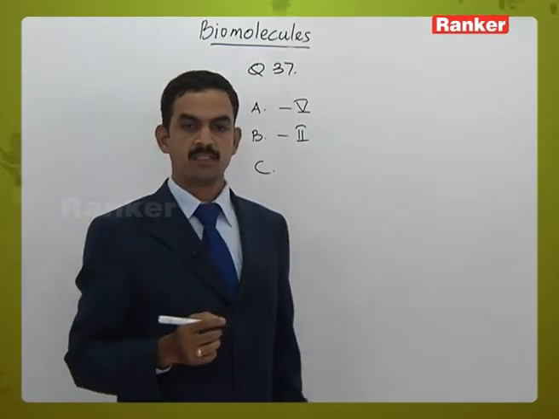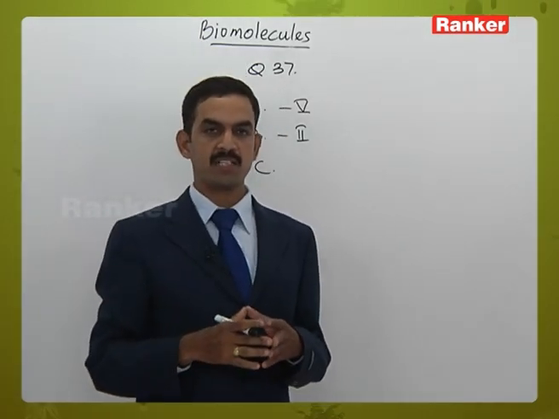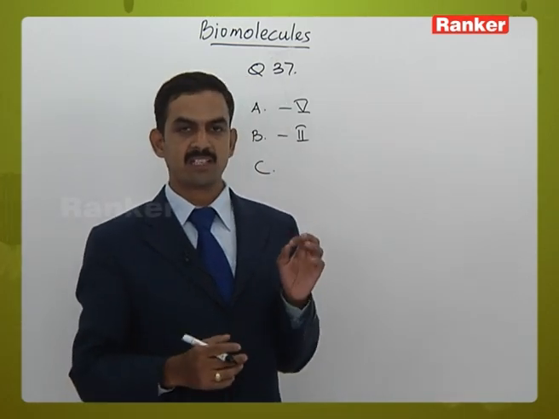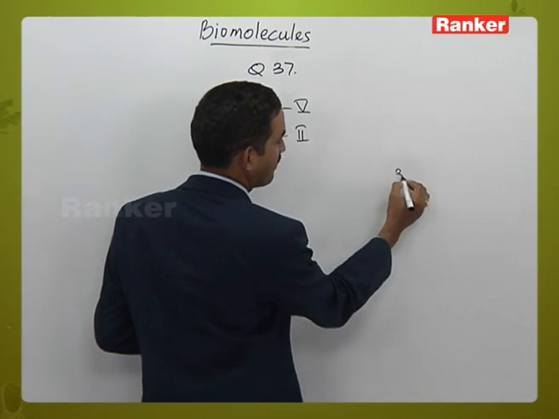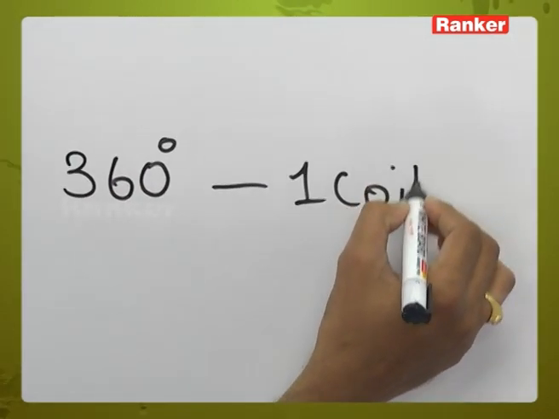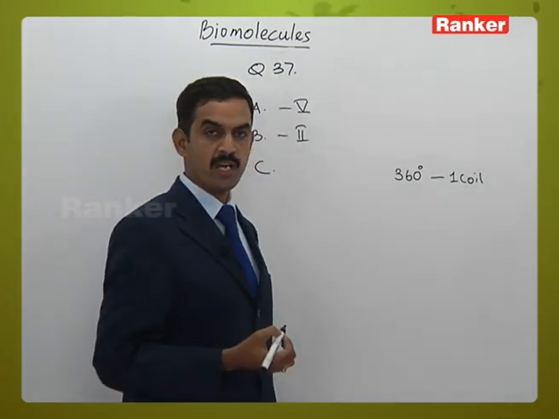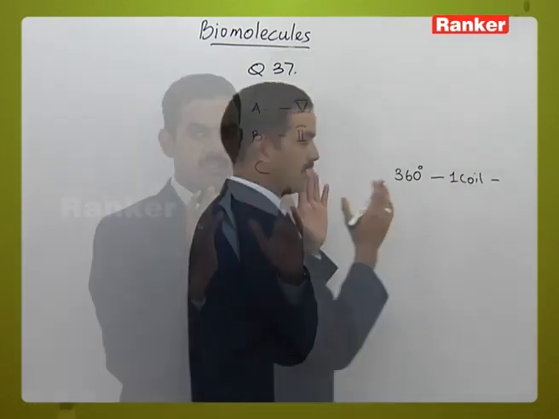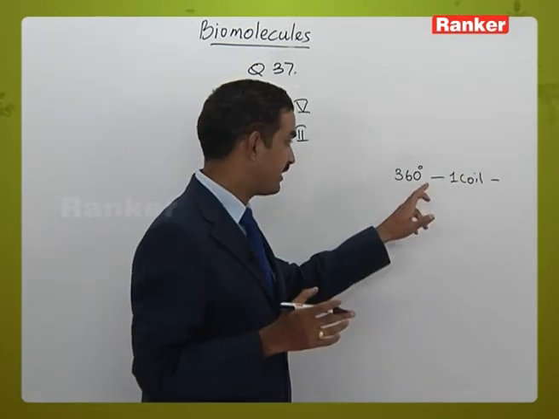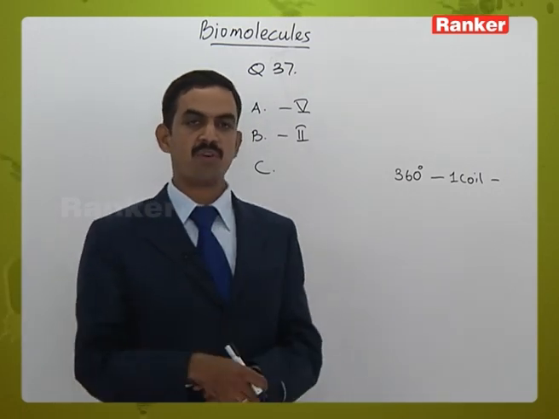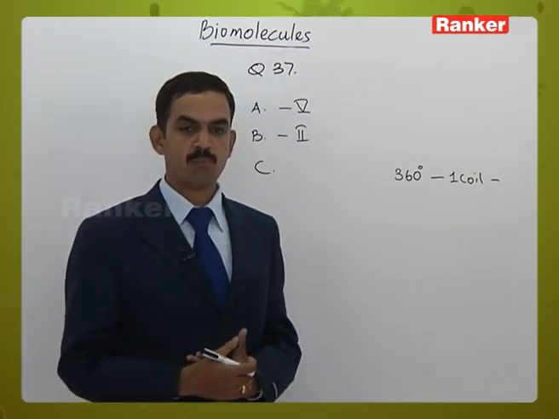Then C, the minimum number of hydrogen bonds present in 360 degrees angle of double-stranded DNA. Once again, 360 degrees of DNA molecule means one coil, and if all the nitrogen bases present in this one coil are only A and T, then there is a possibility of a minimum number of hydrogen bonds in it.